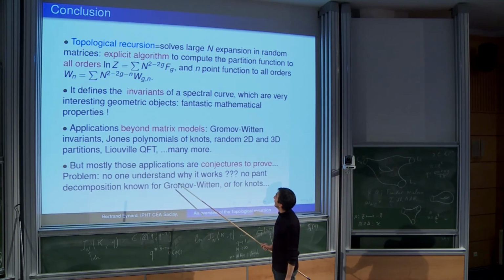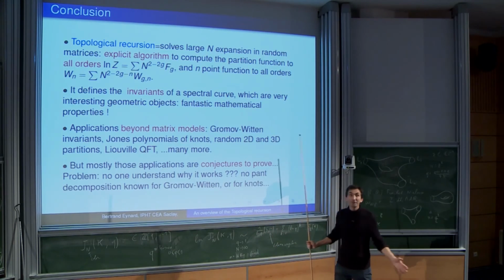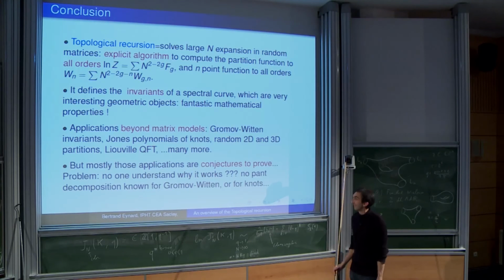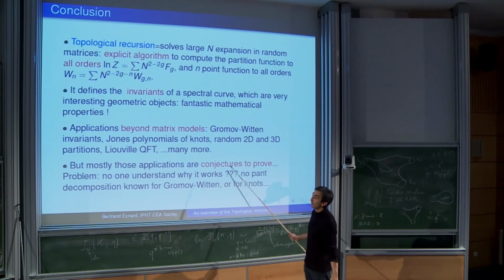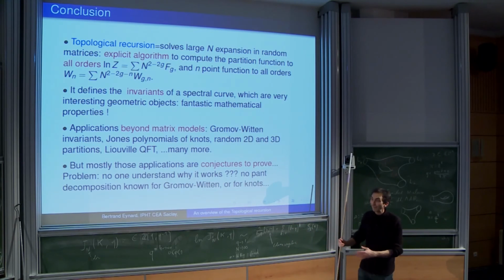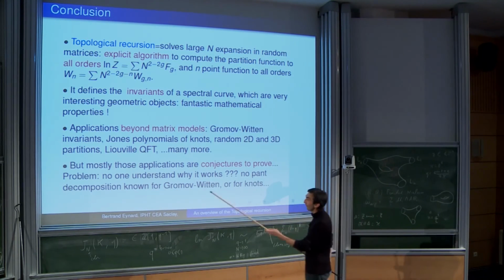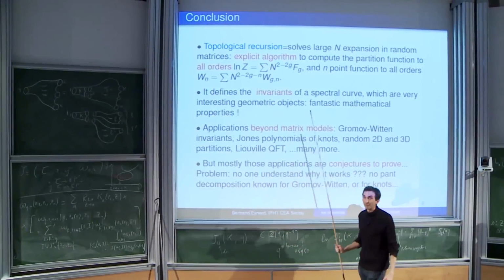The fact that it applies to Jones polynomials is a total mystery at the moment. But it's there. So many of the interesting things to do would be to prove all those conjectures. Having a general framework to do that would be very nice, and also understanding what this picture means would be very nice. So thank you for your attention.